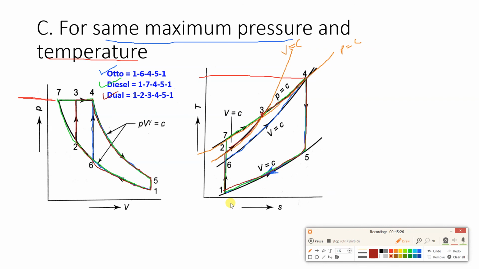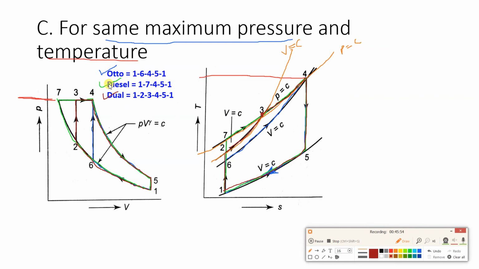So from here again, we have to find which efficiency is greater out of these three. Here you can understand from the TS diagram that heat rejection is the same in all three cycles. So basically we are going to compare based on heat supply, and in which case heat supply is maximum.